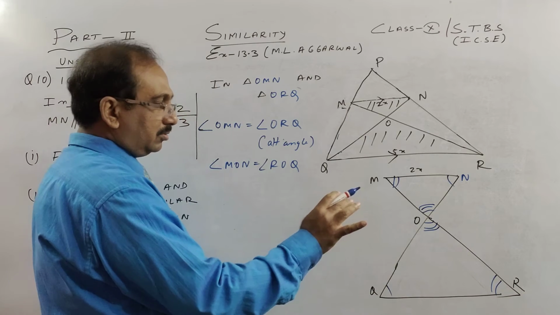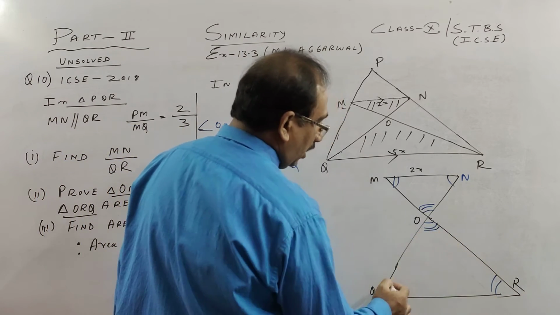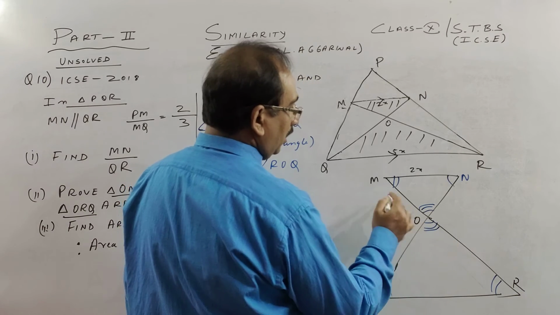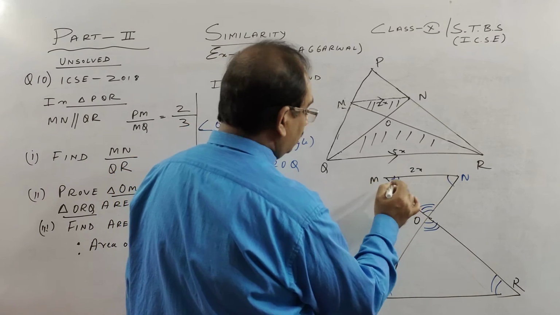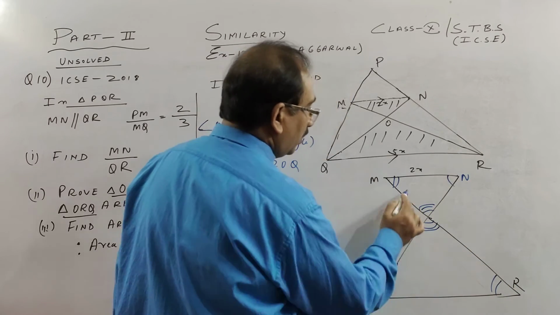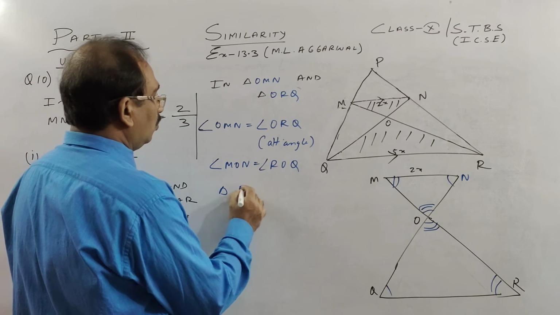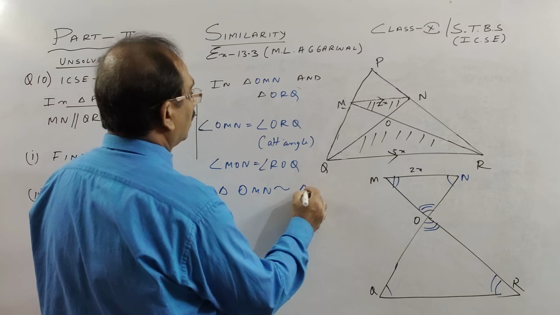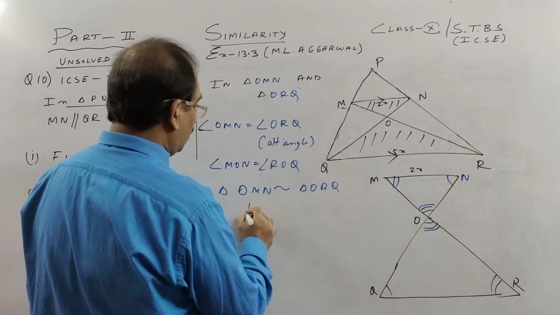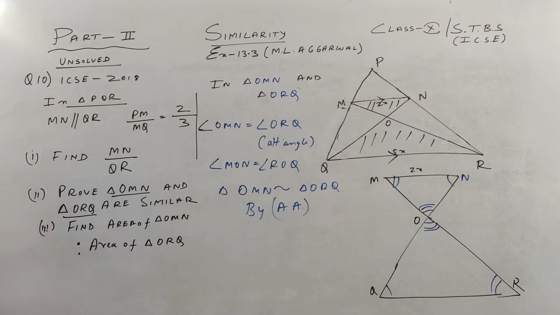So unlike congruency, when you order the angles, you cannot write ROQ as QOR. Once we follow this order, MON, here you have to follow ROQ because M is equal to R, M is not equal to Q. So triangle OMN is similar to triangle ORQ by AA rule. As I told you, AA rule will always come. Since two angles of one triangle are equal to two angles of the other triangle, they are similar.